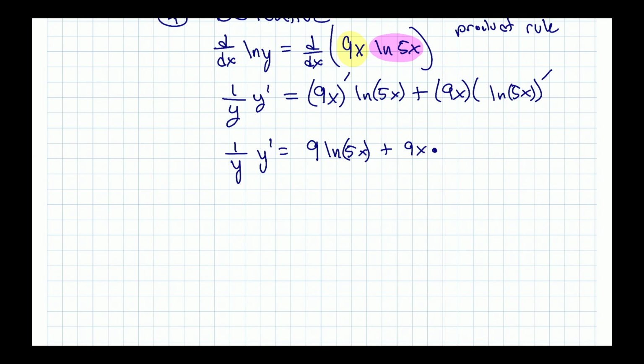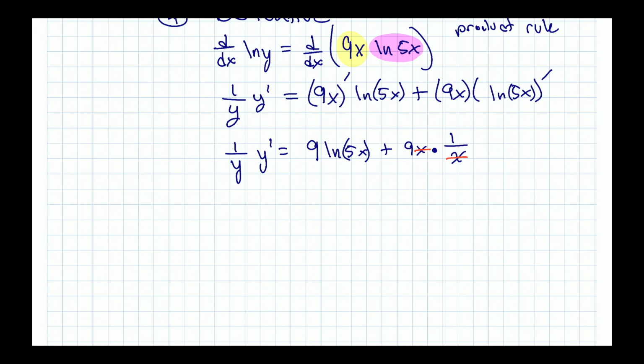And the derivative of ln 5x is 1 over x. If you do the chain rule, it's 1 over 5x times 5, and then the 5's cancel. Now, right away, I noticed that this x is going to cancel with this x, so we're just going to have 9 there.